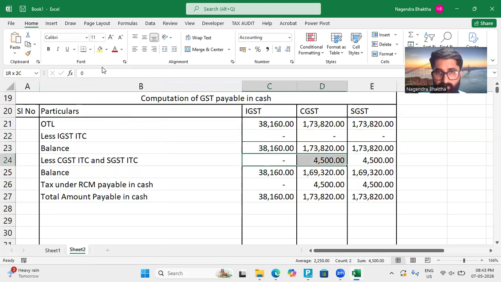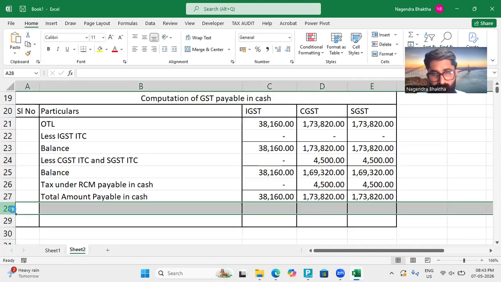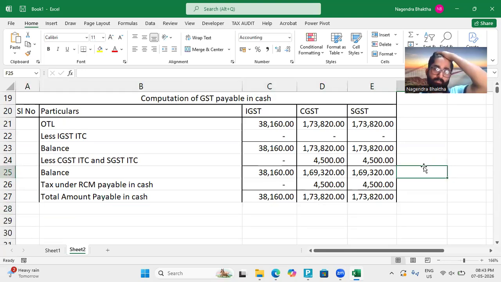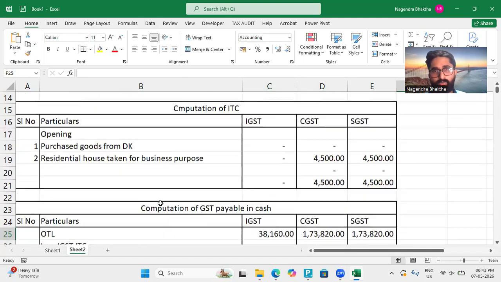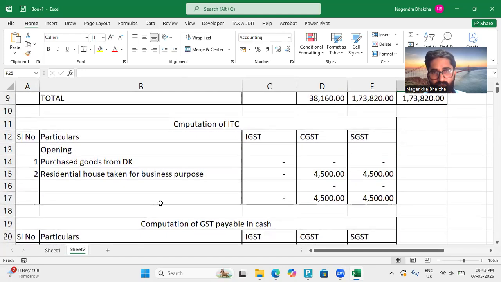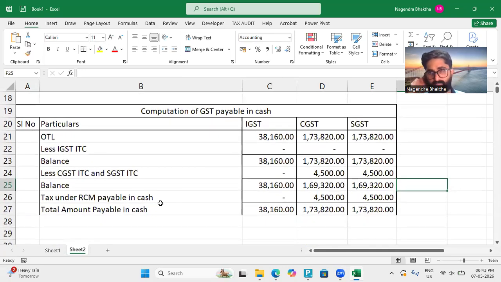I'll clarify that now. Okay. Is this clear? This is the answer, which is amount payable in cash. So please do check that. Computation of OTL, computation of ITC, computation of GST payable in cash. Okay. I hope this is clear.